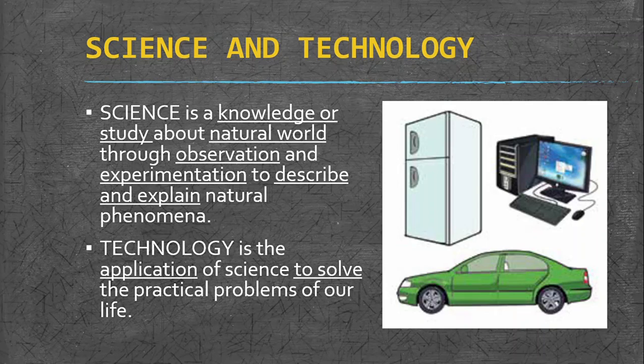That means if science is all about knowing, then technology is all about doing. If you want to make a car or a refrigerator or a television, you have to know the science or the knowledge behind this technology.